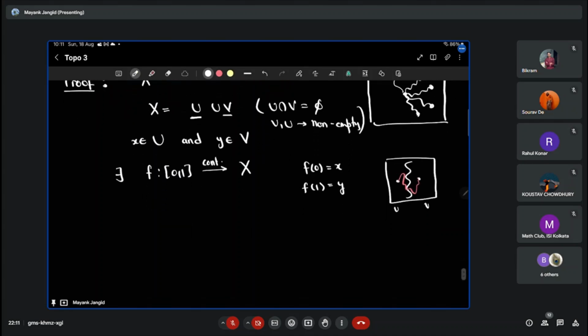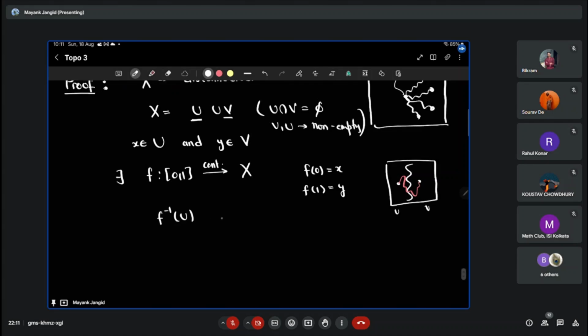But then f inverse of u, because u is open, this is also open, and f inverse of v is also open, and the union is exactly equal to 0, 1, and these are non-empty. Why? Because x belongs to this and y belongs to this.